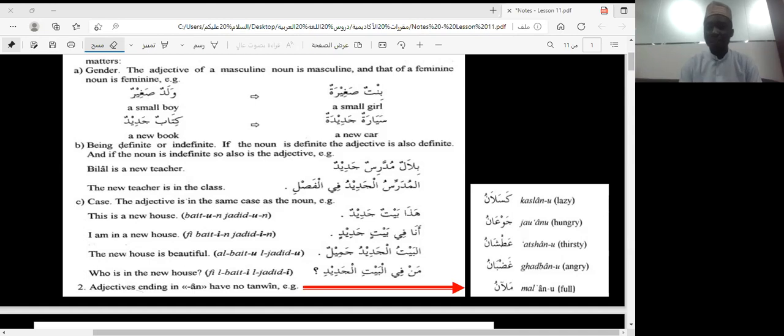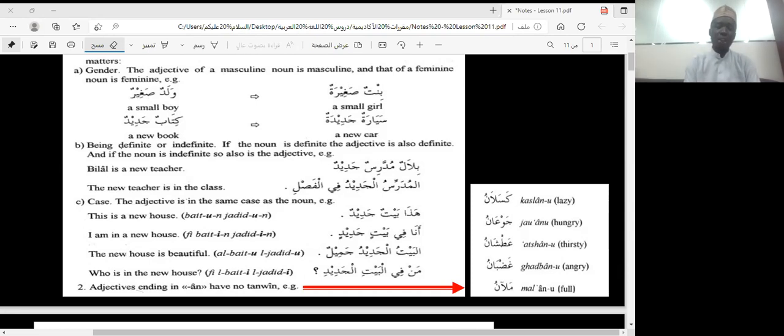Because bayt is what? Maksura bit-tanwin. So it carries tanwin bil kasr. So that means that the na'at must also carry tanwin bil kasr.